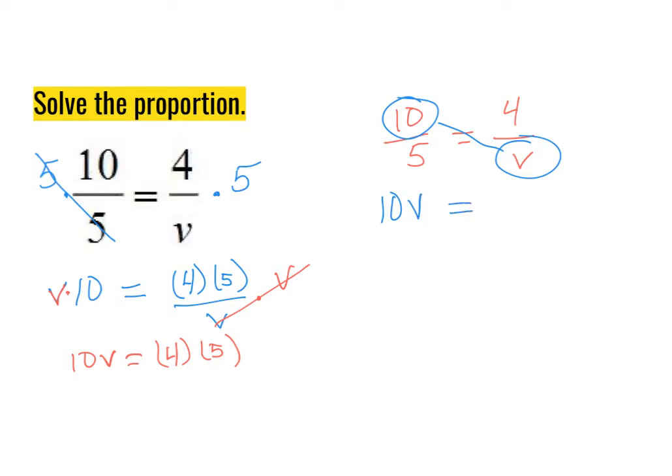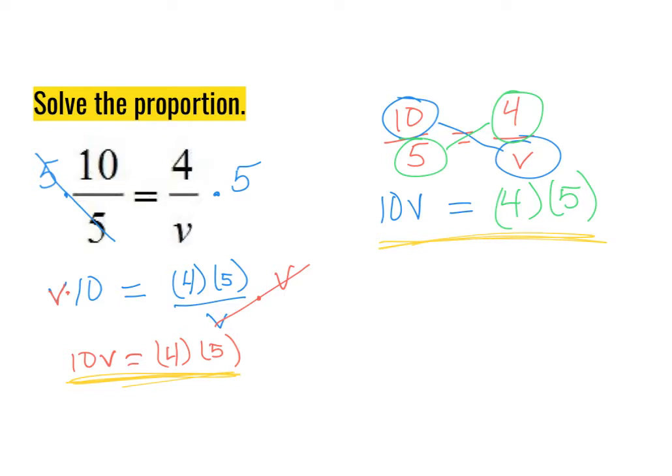And then I could take the numerator of the other denominator, cross multiply, 4 times 5, which, if you notice, will be the same exact thing like I would solve an equation. I just combine the steps into one. And whenever I have a proportion, I definitely want to cross multiply first. And then I would have an equation which I would need to solve.